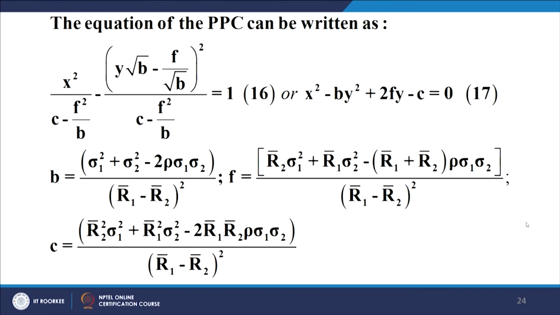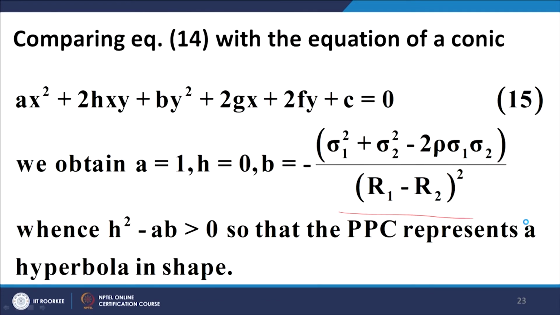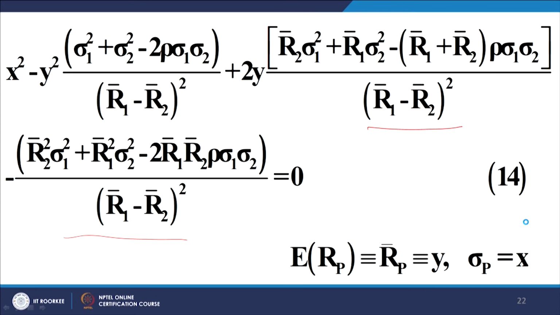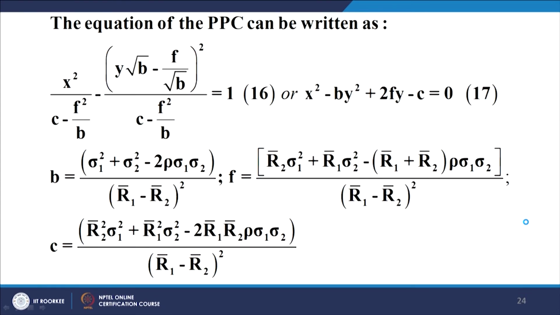You can represent this expression for the portfolio possibilities curve that you saw in the earlier slide in equation number 14. This can be represented in the standard form x square upon a square minus y square upon b square is equal to 1, as shown in equation number 16, or in the form x square minus b y square plus 2 f y minus c is equal to 0, which is equation number 17, where the constants b, f and c have the values that are shown on this slide.